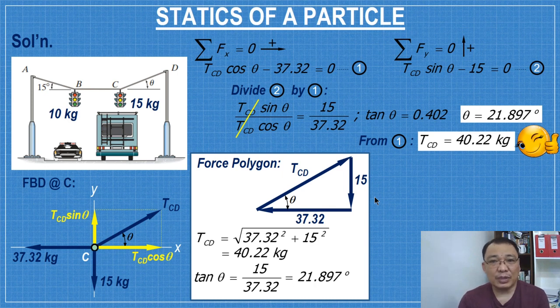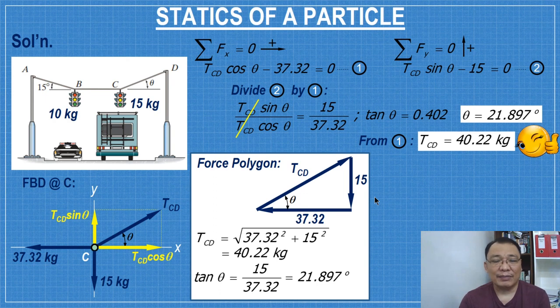And then once you have the free body diagram, resolve all inclined forces into horizontal and vertical components. And then after that, once all forces are horizontal and vertical, use the conditions of equilibrium. Sum up the forces in x equal to 0. Sum up the forces in y equal to 0 also.